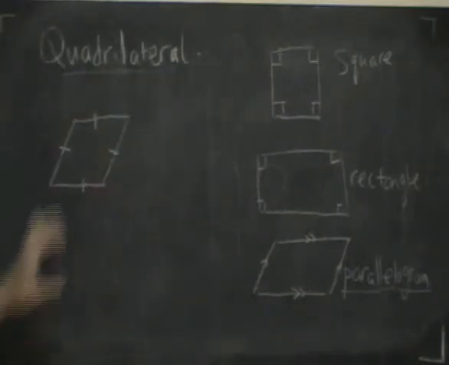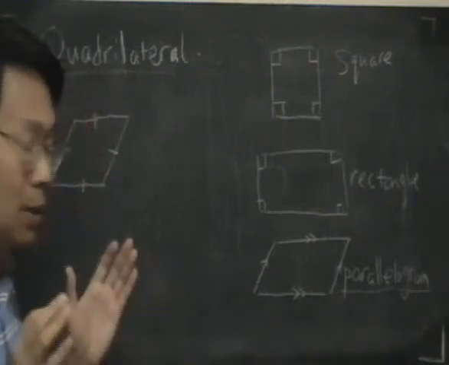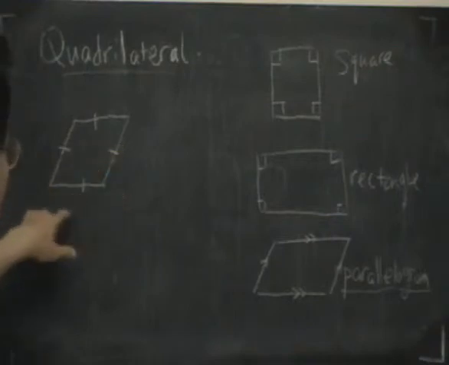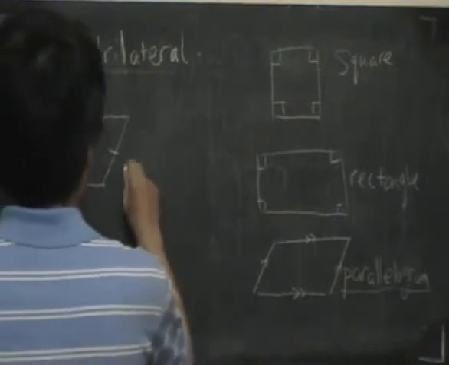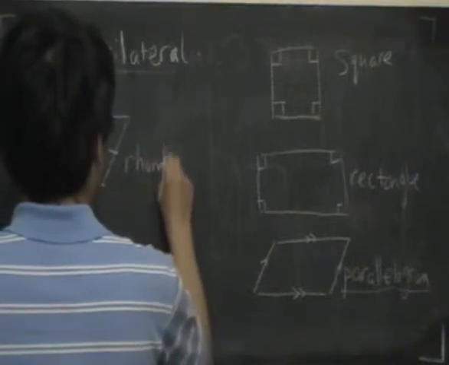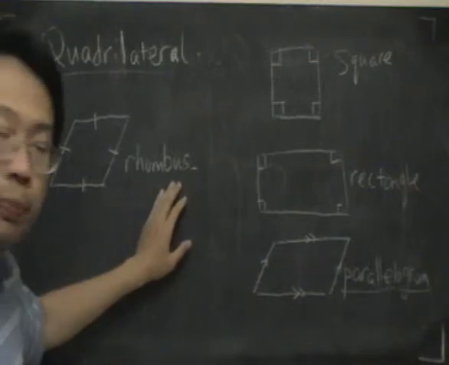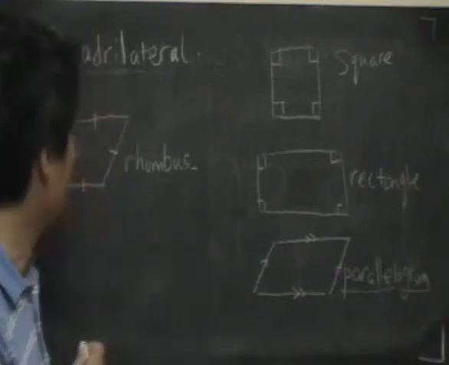That's what you get. So this is also a parallelogram, but it is a special type of parallelogram where all sides are equal. So it has a special name. It's called a rhombus. R-H-O-M-B-U-S. A rhombus.